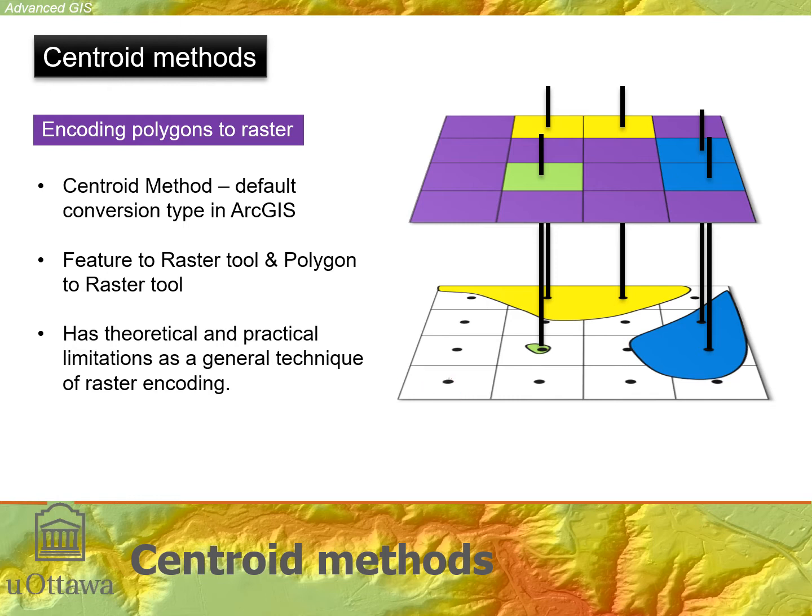For the Centroid method, whatever falls or is intersected by the cell center, like this instance here, we have a green polygon that intersects the center, and so the output raster, the encoded raster, will have a green cell there. And one thing you can see immediately is that most of that cell is in fact nothing.